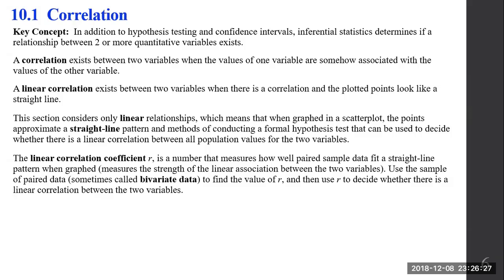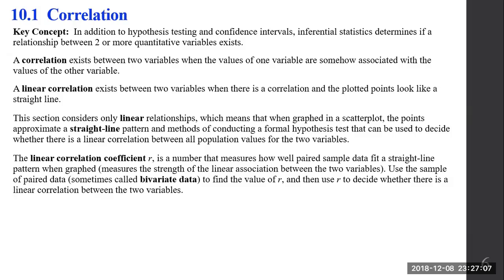A linear correlation exists between 2 variables when there is a correlation and the plotted points look like a straight line. This section considers only linear relationships, which means that when graphed in a scatter plot, the points approximate a straight line pattern, and a method of conducting a formal hypothesis test can be used to decide whether there is a linear correlation between all population values for the 2 variables.